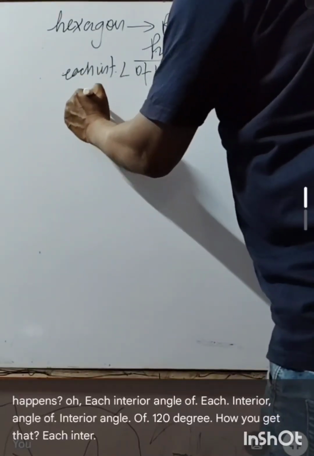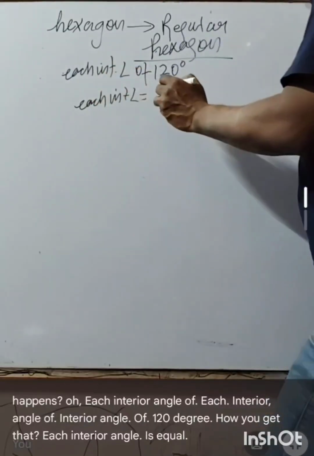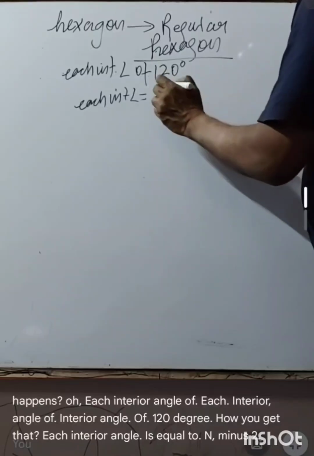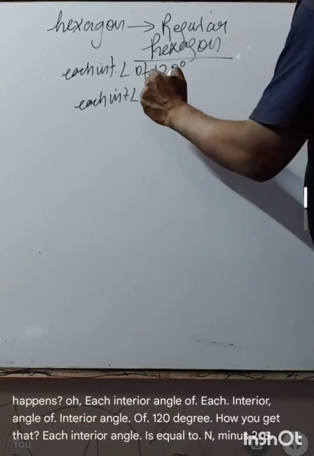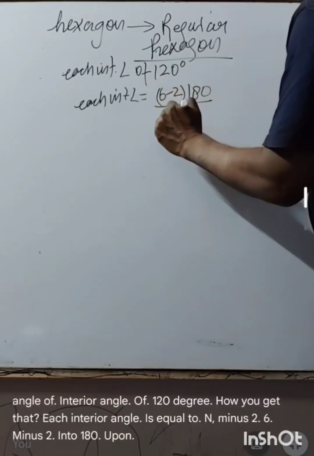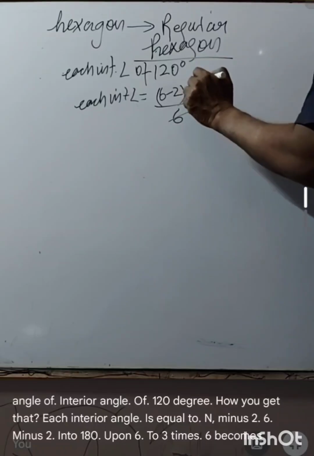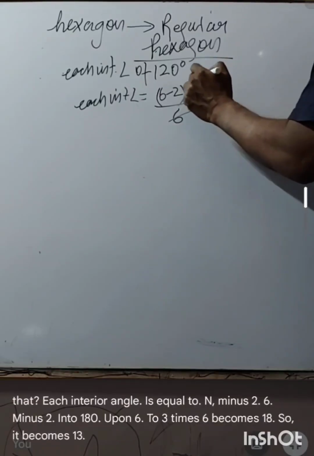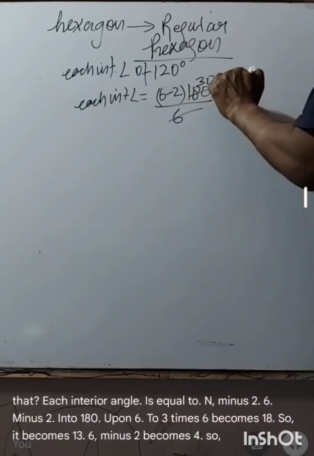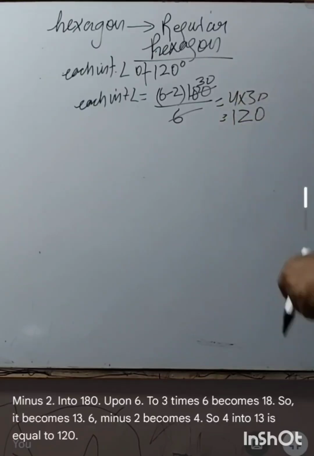Each interior angle is equal to (n minus 2) into 180 upon n, so (6 minus 2) into 180 upon 6. So 180 divided by 6 becomes 30. 6 minus 2 becomes 4. So 4 into 30 is equal to 120. Right?